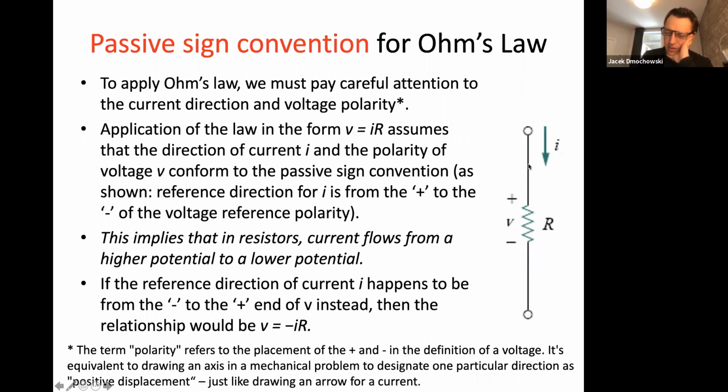So the drop is positive. For example, this can be 10 volts, this will be 6. As long as the current is positive, as long as there's a positive charge flowing down here, we will get a lower voltage at this point than at this point.